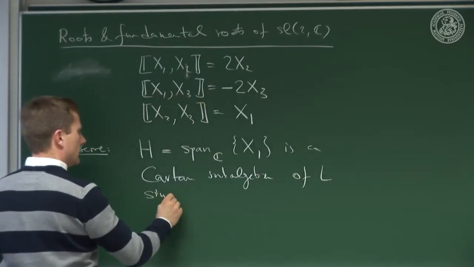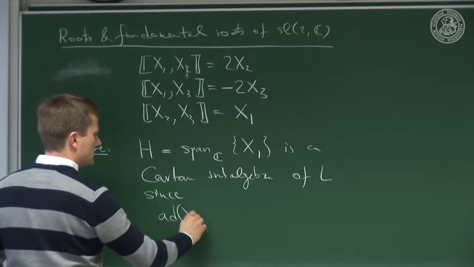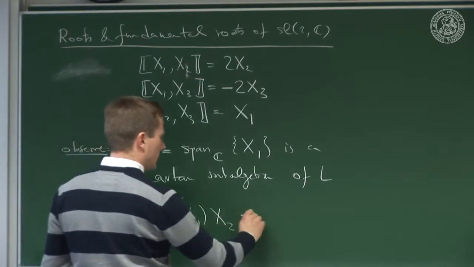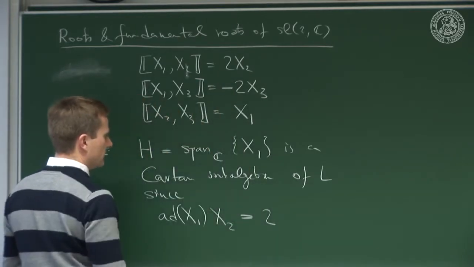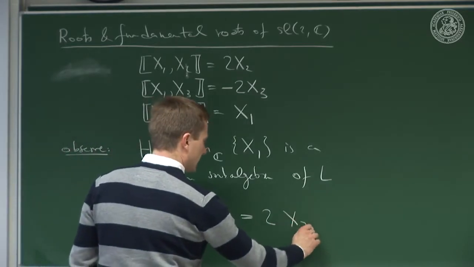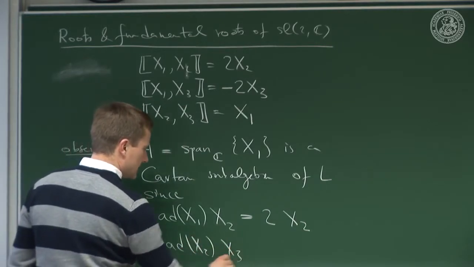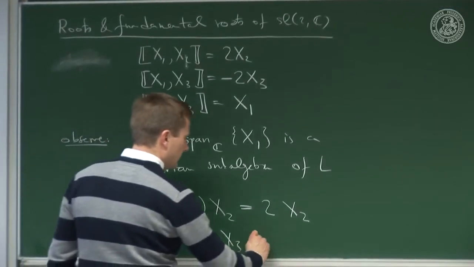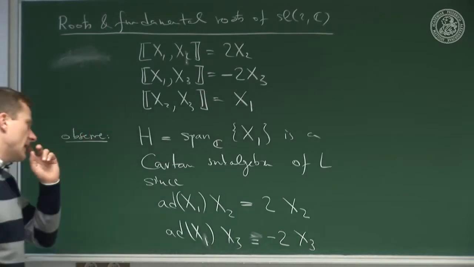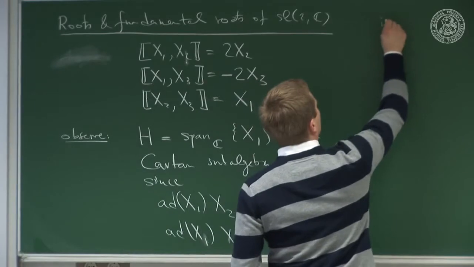Why is that? Well, the adjoint of x1 acting on x2 is, by the definition of the adjoint as just the bracket between x1 and x2, 2x2, and the adjoint of x1 on x3 is minus 2x3. And so we see we have a decomposition of the basis.